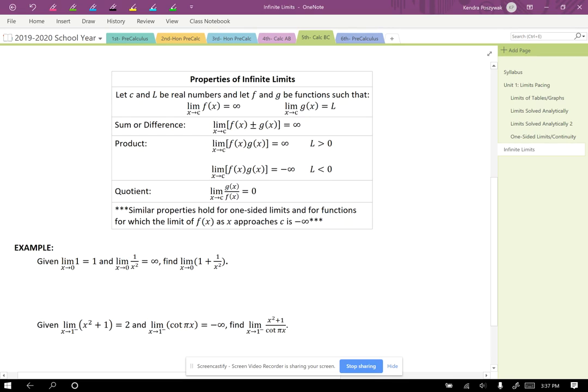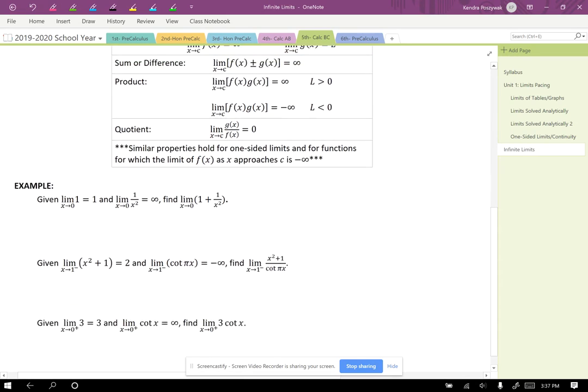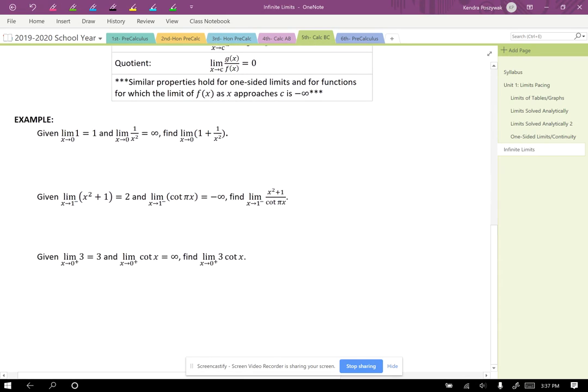Let's look at a couple examples really quick. The first one, we're given that the limit as x approaches 0 of 1 equals 1, and the limit as x approaches 0 of 1 over x squared equals infinity. We're looking for the limit as x approaches 0 of 1 plus 1 over x squared. Which property do you think we're going to use for this one?